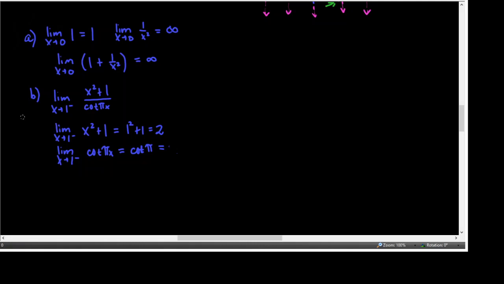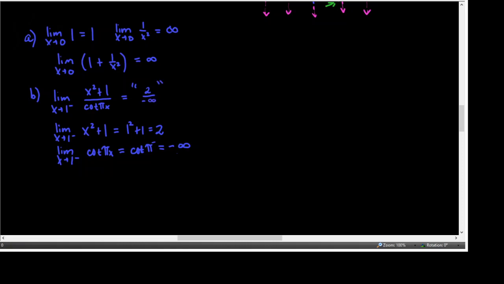Okay. And that cotangent of pi isn't correct, but I'm going to make it okay as a thought process if I say I'm approaching pi from below pi. And that is -infinity. So going back up to this question, it's kind of like, I'm going to put this in parentheses, taking the answer for the numerator, 2, and dividing it by -infinity.